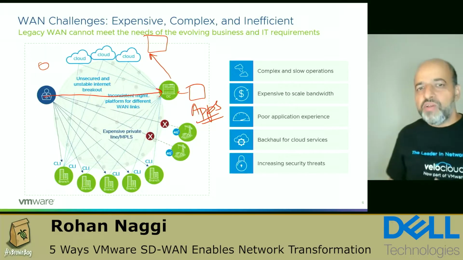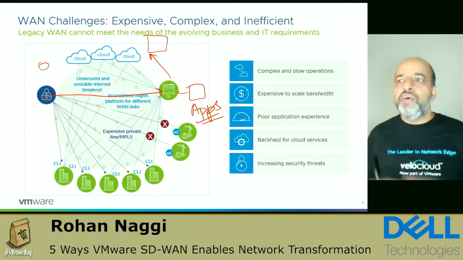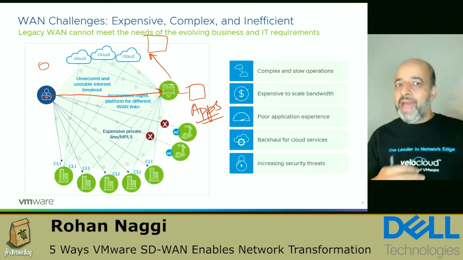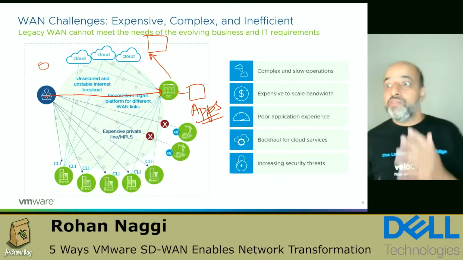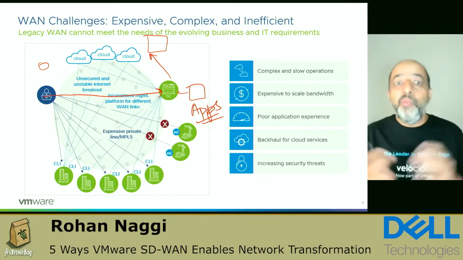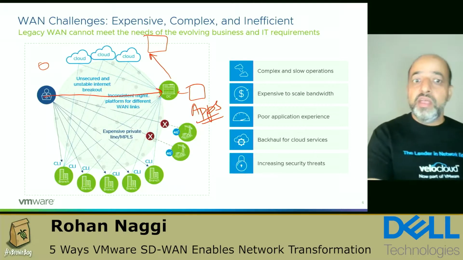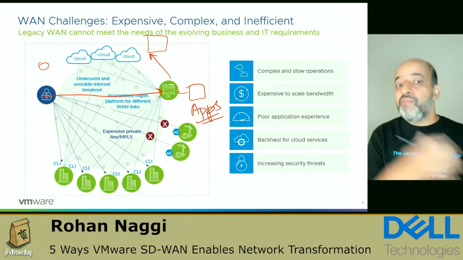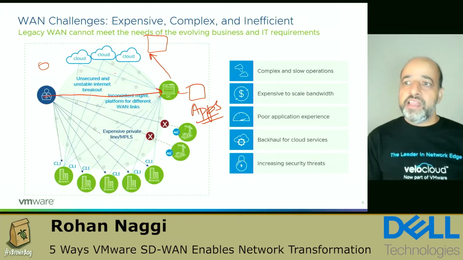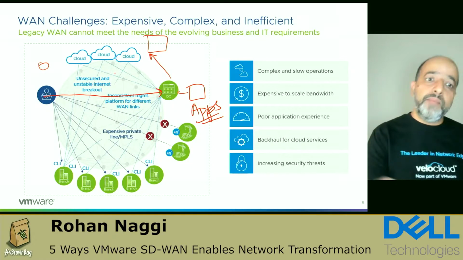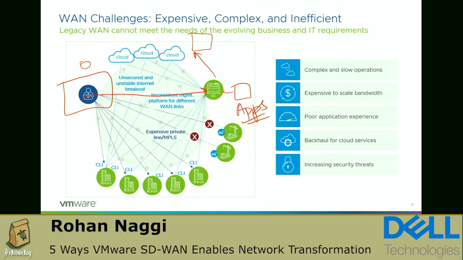Enterprise networks are really not ready to work from anywhere. Apps are moving, and even the data centers are moving to the private cloud and the public cloud. WAN is really getting complex. You can see 50 to 80% of the traffic is backhauled to the data center. At the same time, complexity has started increasing on the branch sites, where you have hybrid connections, public internet, and private circuits. So these are some of the problems.